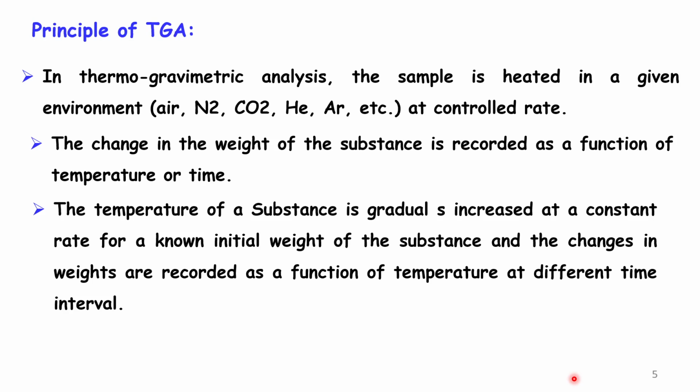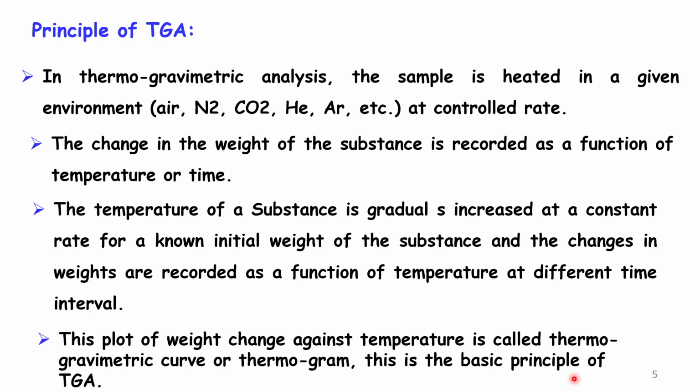So now in the case of TGA, a very simple principle is used. The variation in the mass of the substance over the gradual increase in the temperature at different time intervals can be recorded.